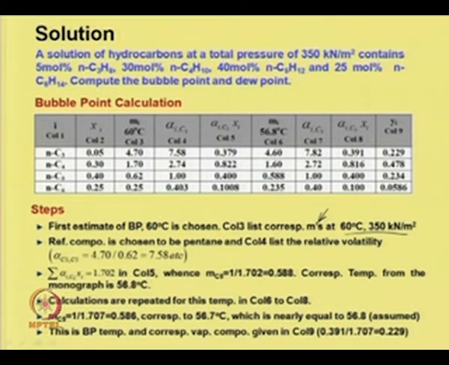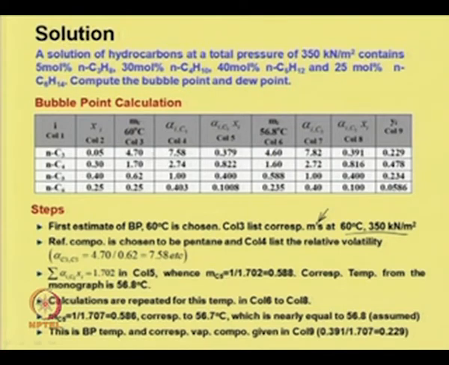The reference component is chosen to be pentane in this case. Pentane is the reference component, whose relative volatility alpha is 1, which is given in column 4. Column 4 lists the relative volatility here. So, we can see alpha C3 C5, the relative volatility between these two, is 4.70 divided by 0.62, which is around 7.53, and so on.